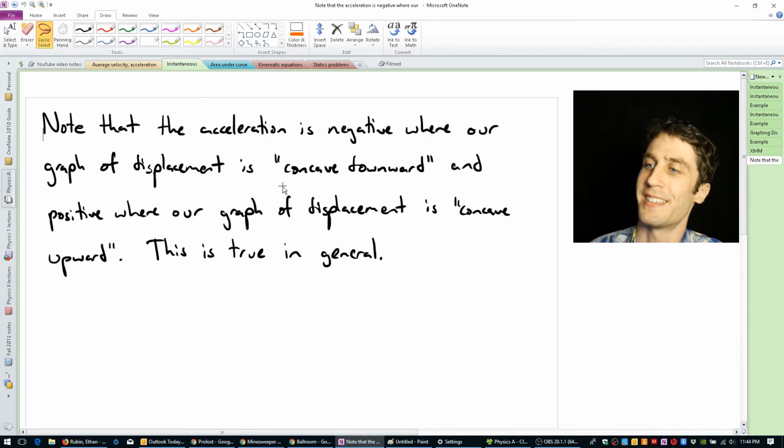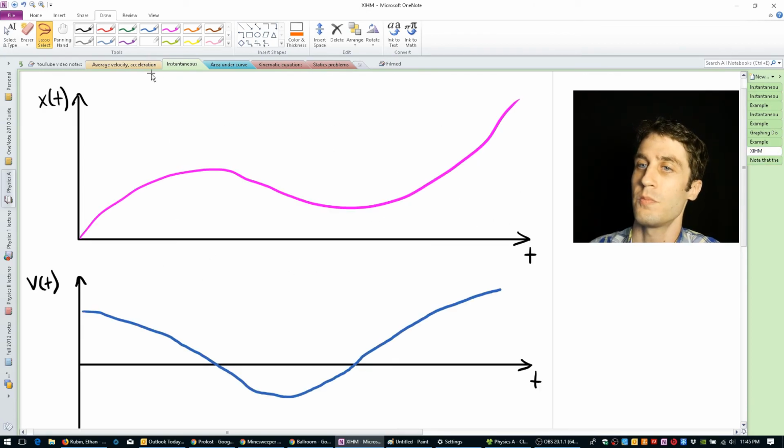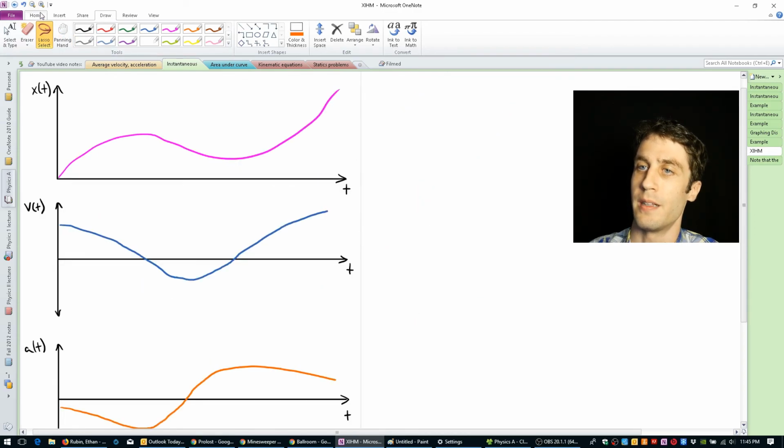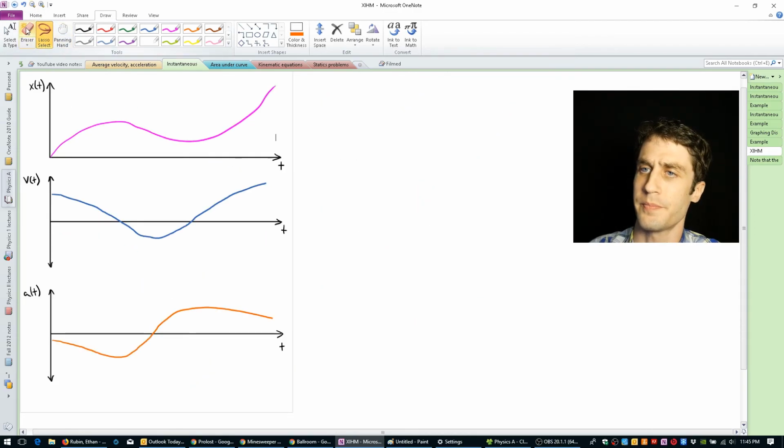The acceleration is negative where our graph of displacement is concave downward, and positive where our graph of displacement is concave upward. And this is true in general. So, again, this might be a little easier to see if I zoom out. Here's our region where the acceleration is negative.